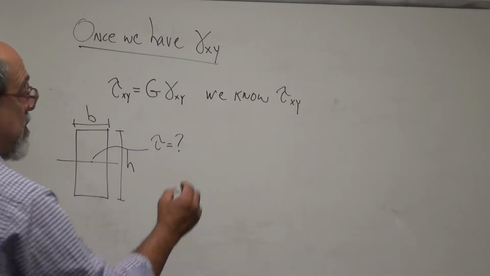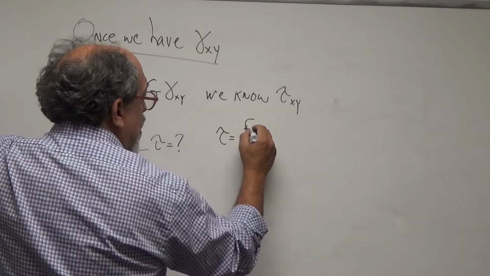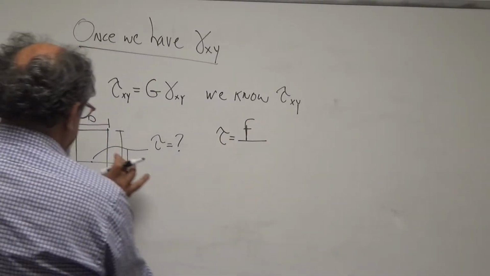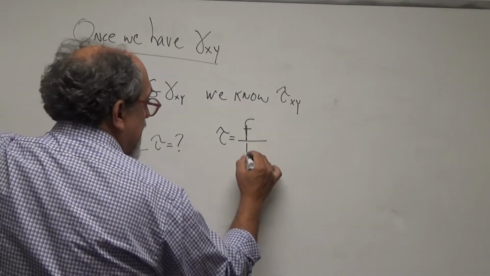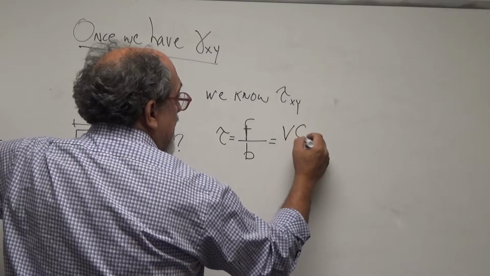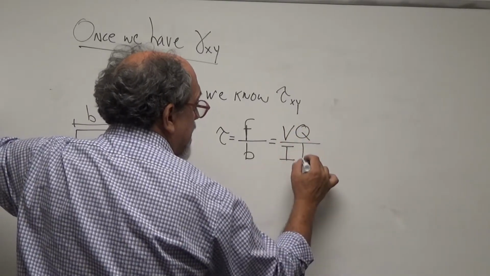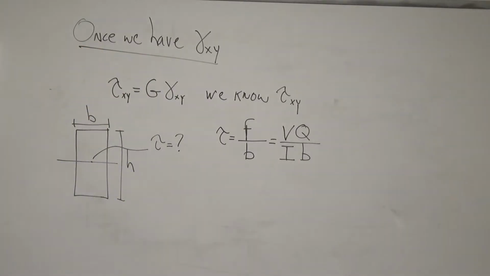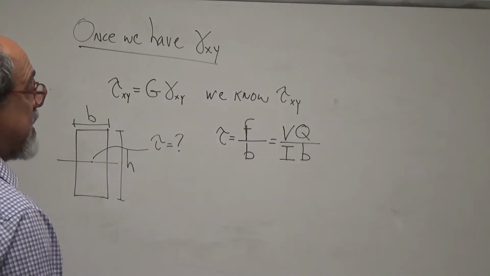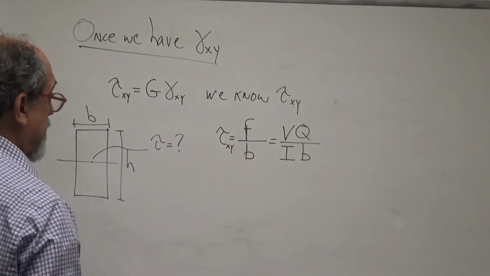So you remember that shear stress is equal to shear flow divided by the thickness. In this case, the thickness is b. And the shear flow is VQ over I, and then we bring that b, so that's the shear stress. And we can equate that to tau xy, which we happen to know what it is, right?